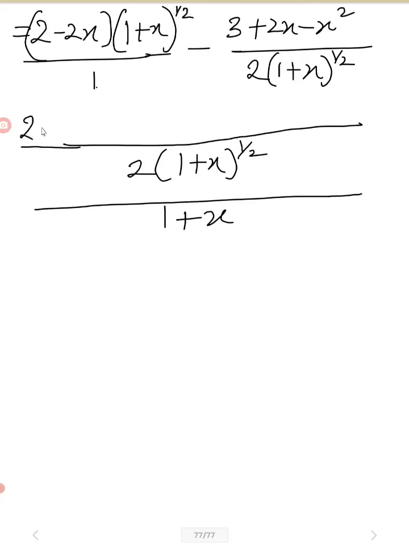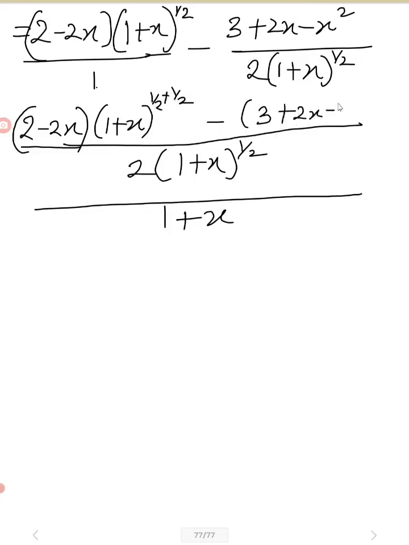We have 2 minus 2x onto 1 plus x onto half plus half, now minus 3 plus 2x minus x squared. Now you start simplification back again. So let's now simplify.